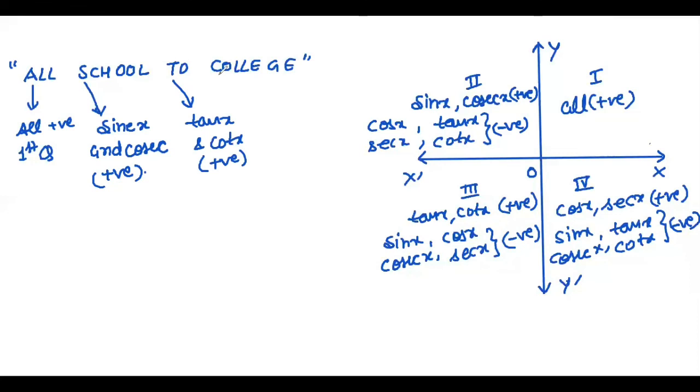And by the fourth word starting with C, we can represent cos x and its reciprocal sec x positive and rest negative. So by using this phrase, we can remember signs of trigonometric functions in different quadrants easily. First quadrant, then this is second quadrant, this is third quadrant, and this is fourth quadrant.